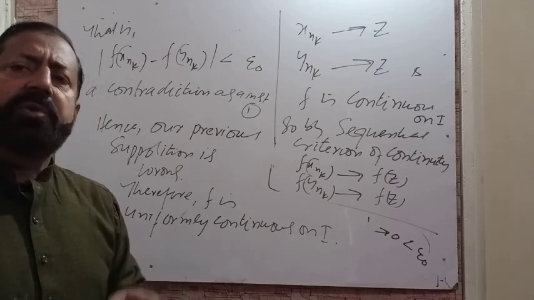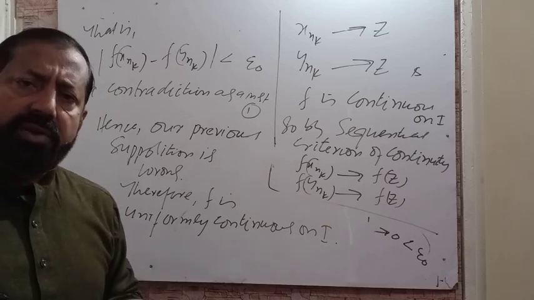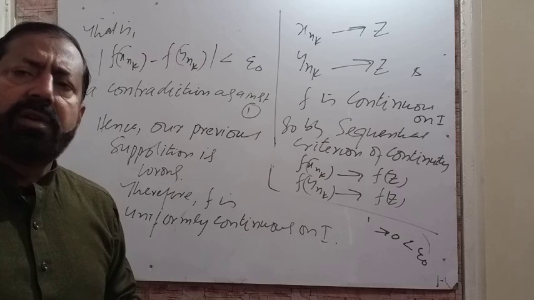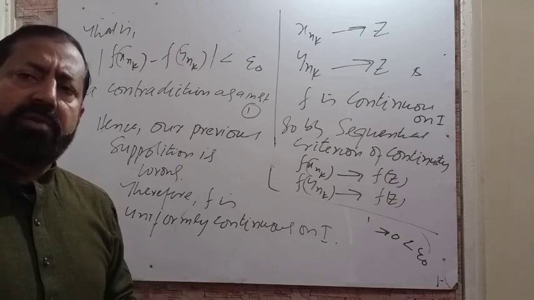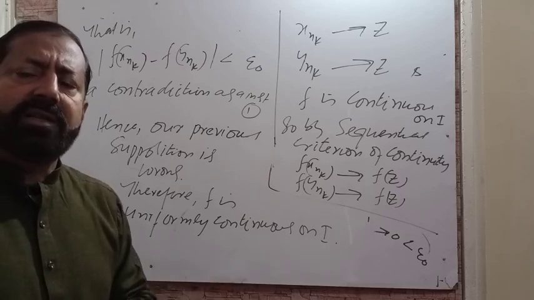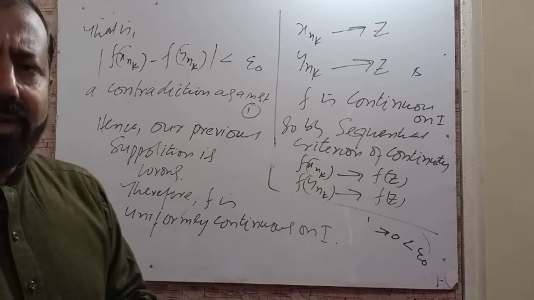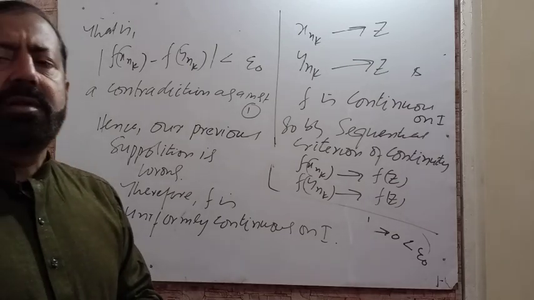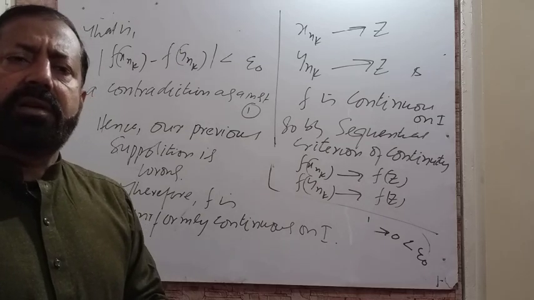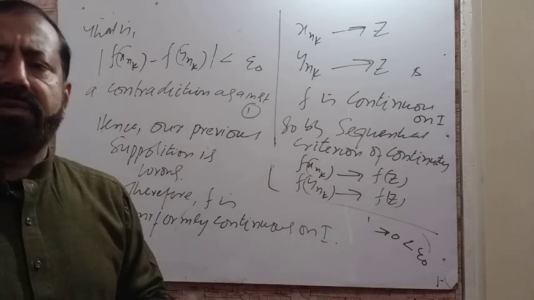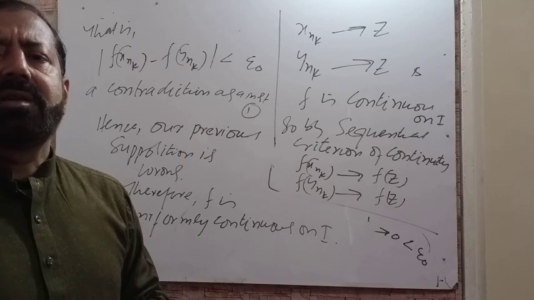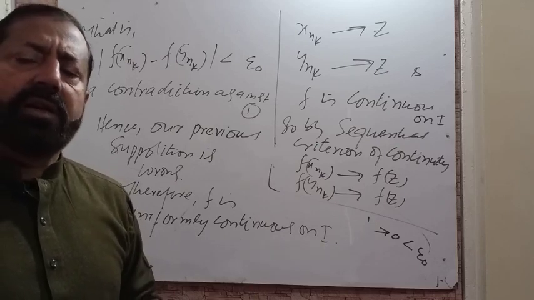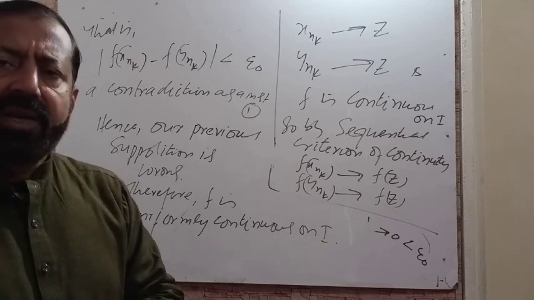So you have supposed that your function is continuous but not uniformly continuous. So that's why you can apply the non-uniform criterion. Now since x_n is in I and I is closed, it is compact, that is bounded as well. So by the Bolzano-Weierstrass theorem, this must have a convergent subsequence. Let it be x_nk, and this is converging to z.